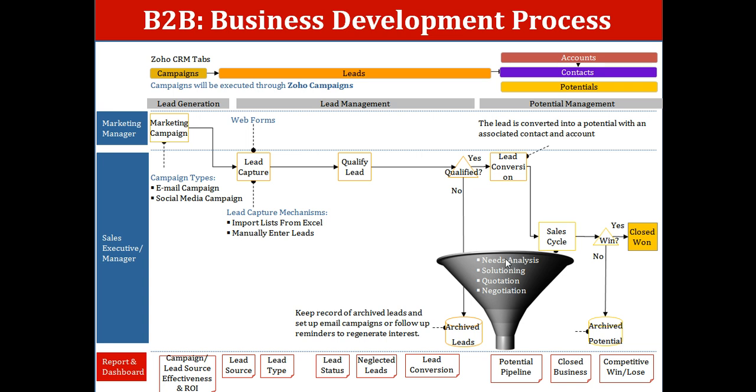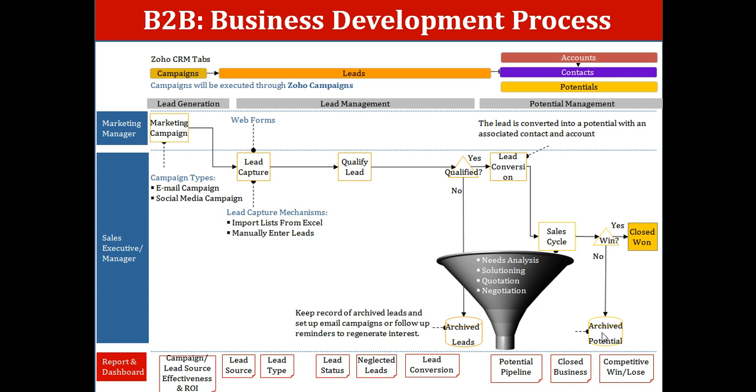As you move from top to bottom, your probability of winning the deal increases and your uncertainty reduces. This is exactly your sales funnel, and at the end of the sales funnel, you might win the deal. If you win the deal, then you get a customer, and if you don't win the deal, then it's a closed lost for you.